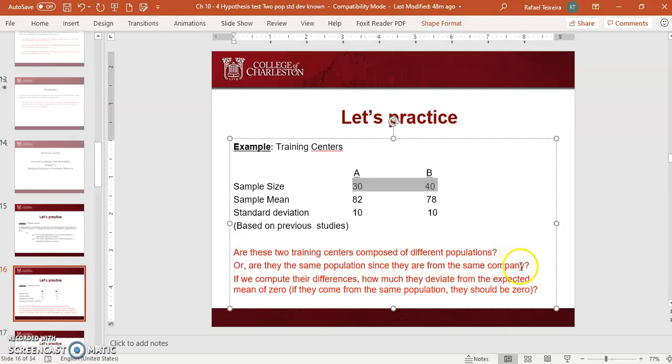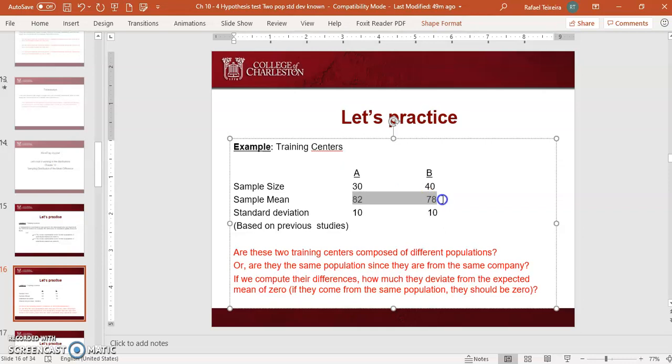If you compute their differences, 82 and 78, how much do they deviate from the expected mean of 0? If they're really equal, so if the training centers have the same quality, the scores should be the same. So I would have 82 and 82, or 78 and 78 in both. The resulting mean difference would be 0.